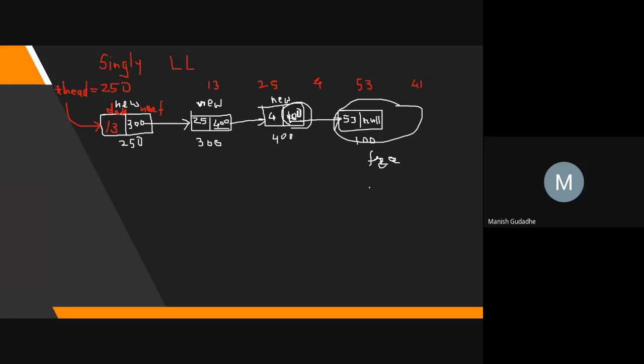It's simply like removing a person from a human chain and adding a person in a human chain. You can add him anywhere, maybe at the beginning, maybe at the end, or maybe somewhere in between. It is possible through this dynamic memory allocation. Just manipulating pointers will be enough for you to understand how linked list operations can be performed.